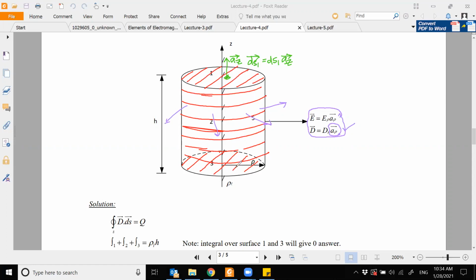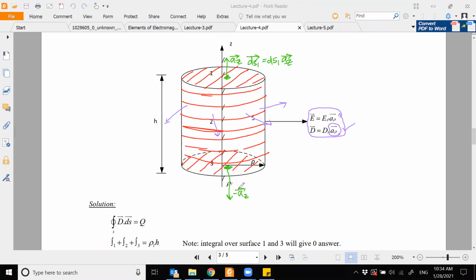Now for the bottom surface, again, it's a part of a closed surface, so the unit normal should always point outwards. So for this bottom surface also, the unit normal should point outwards. If I take a small elemental surface to find the surface area of this number 3, the unit normal should be pointing outwards, and this is minus az.